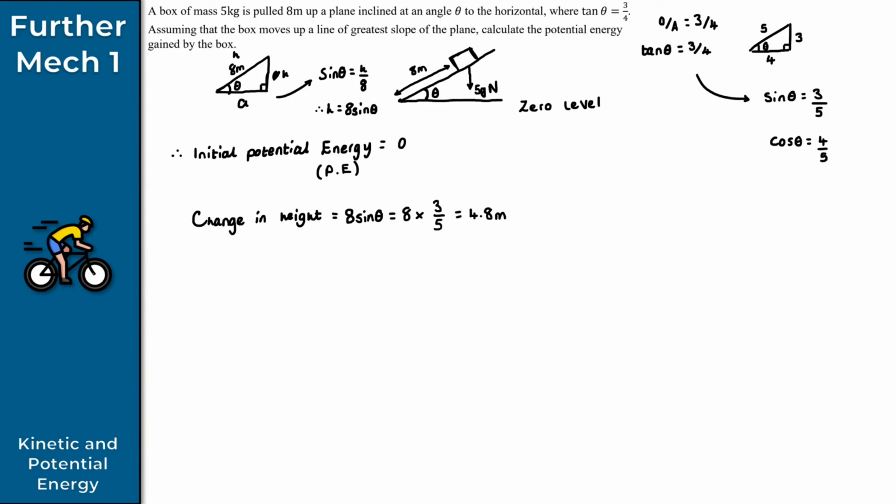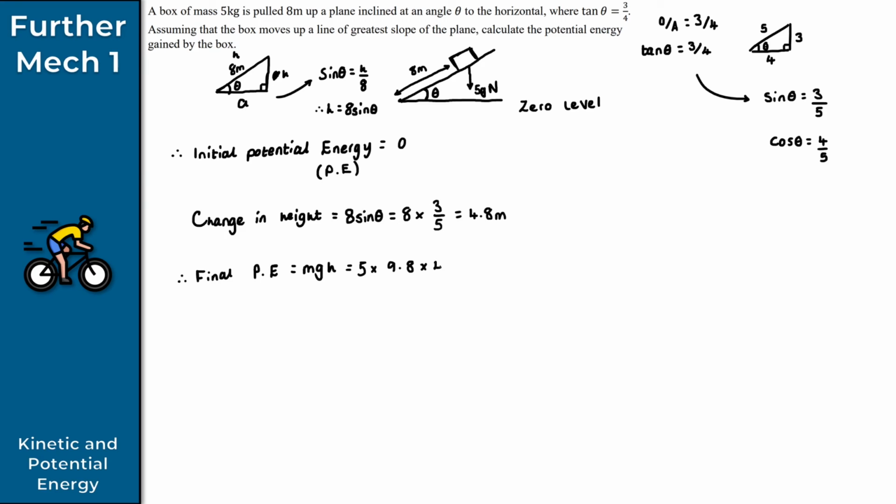So altogether, for the final potential energy, I will shorten this one. The final potential energy here is equal to mgh. So m is the mass here of 5 times g, which is 9.8, and then we times that by h here, which as we just evaluated is 4.8.